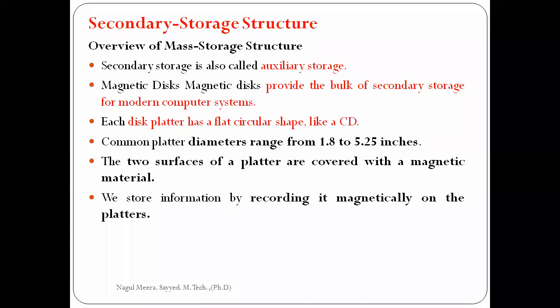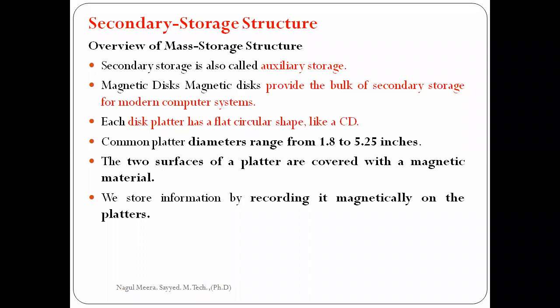For example, if you go to a mobile showroom, first you prefer a brand, for example Oppo. I want an Oppo mobile. The salesperson asks how much memory you want, that is, the configuration.